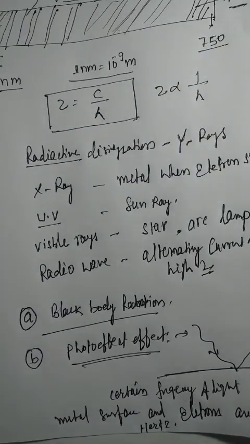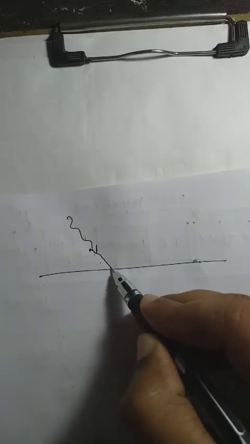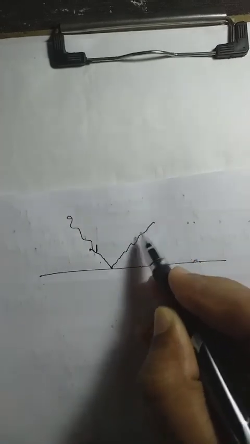We are getting too many questions based on the photoelectric effect, and you will calculate how we are getting this relation, which we are again showing on the paper. This is light of a certain frequency striking the metal surface, and an electron is going to be ejected.